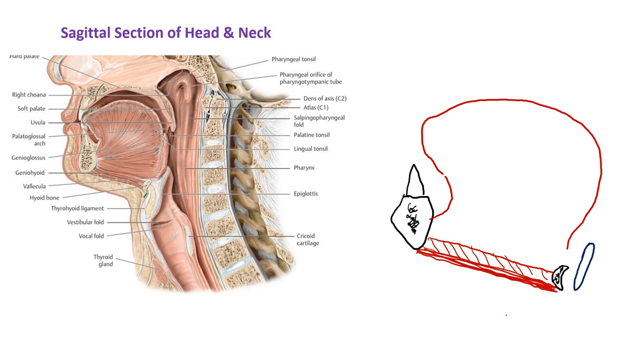Okay, and this is the mucous membrane of the tongue, which would go like this. Okay, and this would be the folds. So here what we've drawn is the mucous membrane which is present on top of this muscle, the genioglossus, which arises from the superior genial tubercle.